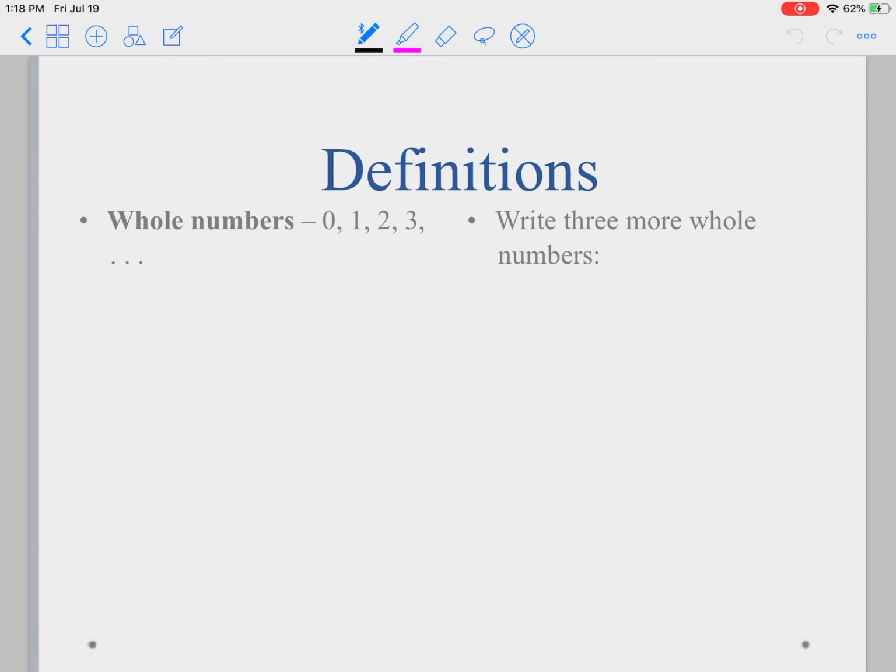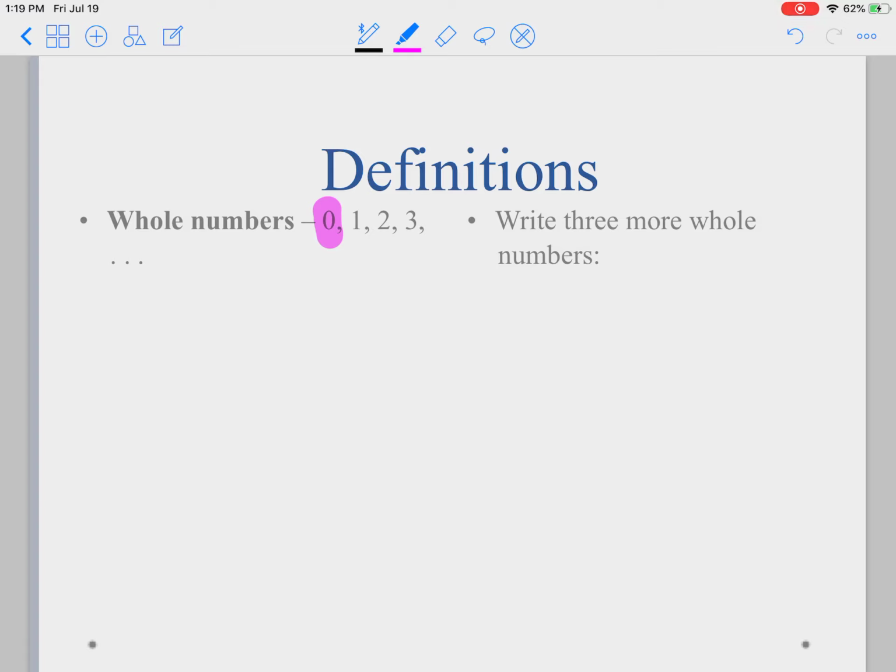Our next classification, which we'll also call a definition, is a whole number. If you look closely, try to determine the difference between the natural numbers and the whole numbers. What is different when you look at the examples that are given? Possibly you have already recognized that difference, and that is the inclusion of 0 within the set.